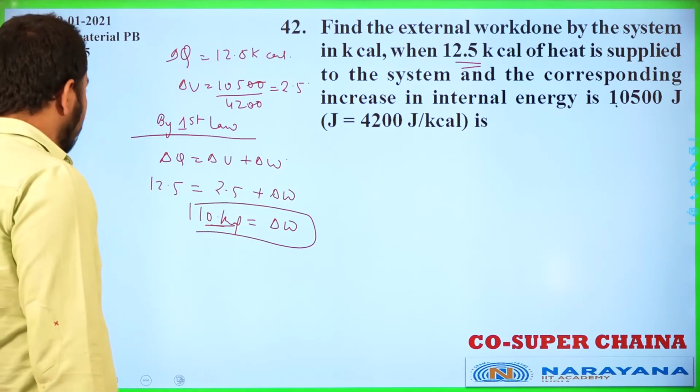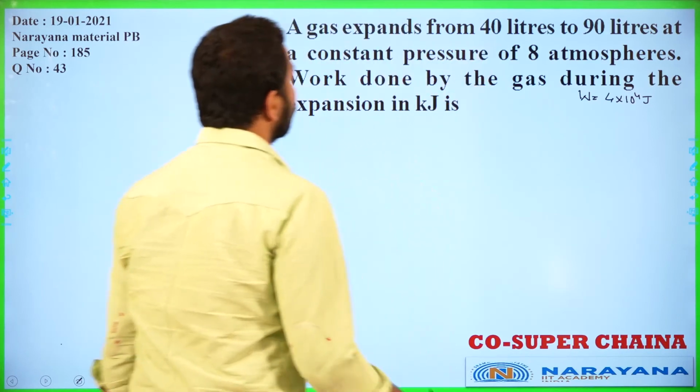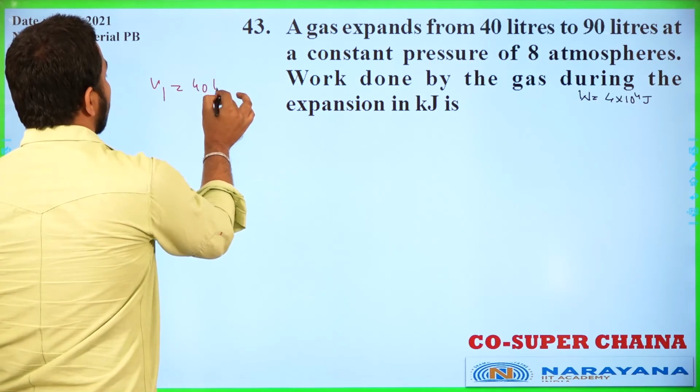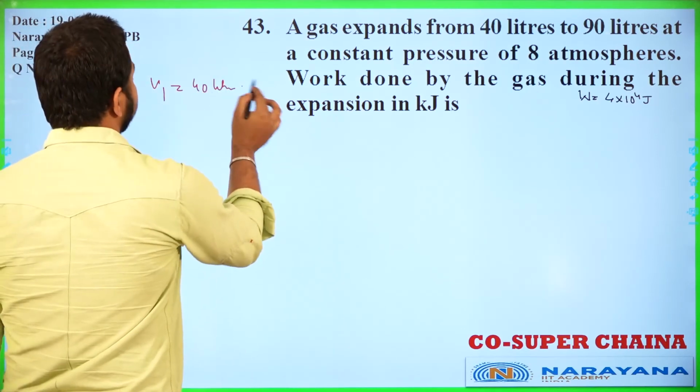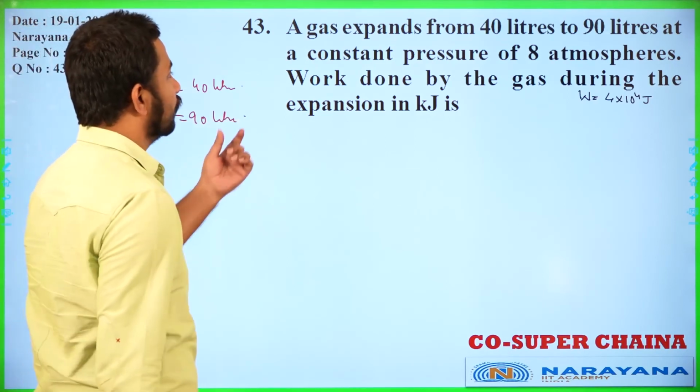So let's proceed to the next question. A gas expands from volume V1, given as 40 liter, which we will convert into meter cube. V2 is given as 90 liter, which we will also convert into meter cube.